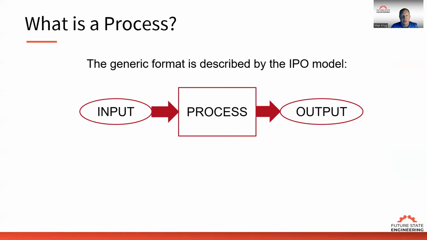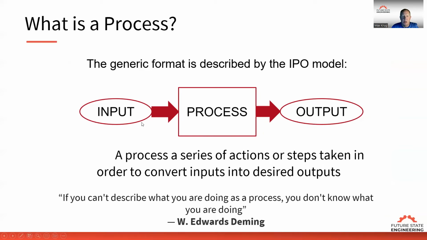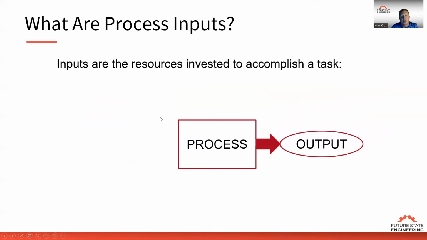If we look at the generic format of a process using the IPO model, input, process, output, basically, a process is a series of actions or steps taken to convert inputs into desired outputs. And I like a quote here by Deming that says, if you can't describe what you're doing as a process, you don't know what you're doing. So if we look at a system as a series of processes, then what are process inputs?